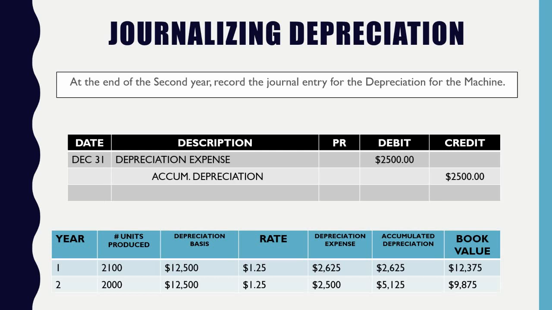Now, don't get confused here. In your table, your accumulated depreciation right now is 5,125. That is the balance, what your current balance is when you depreciate every single month or every single year, because we're adding the previous year with the second year. This is our account balance. Where in our journal do we ever see balances?